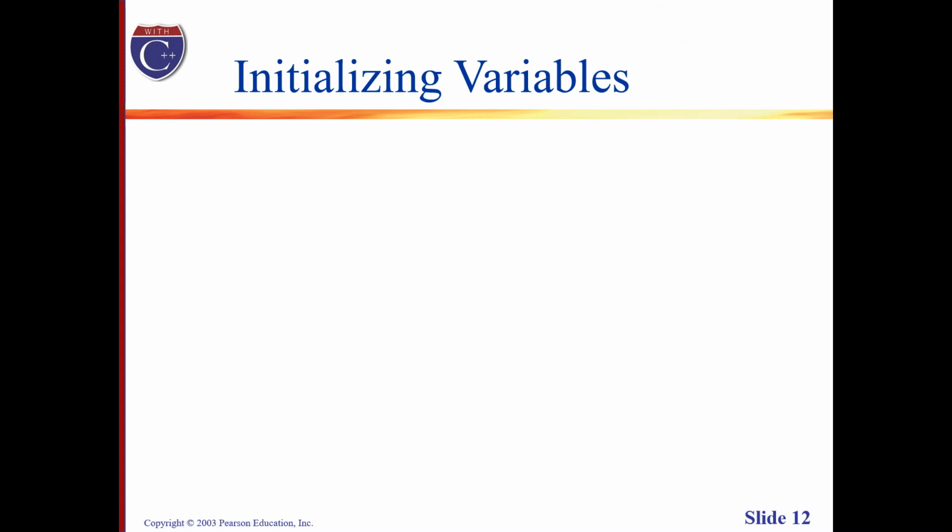Also, whenever we declare variables, we also need to initialize them. Thus, we have the process of initializing variables. We must take note that whenever we declare a variable, it does not have a value.